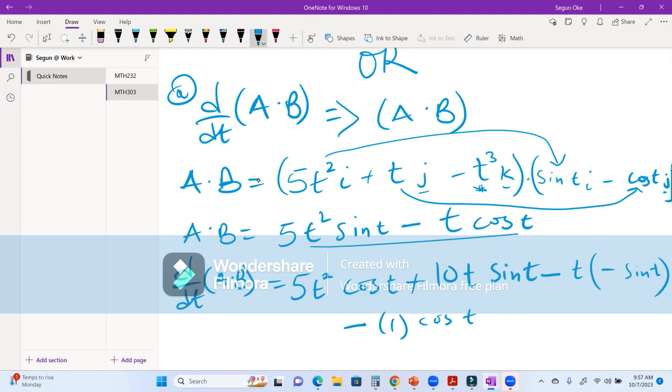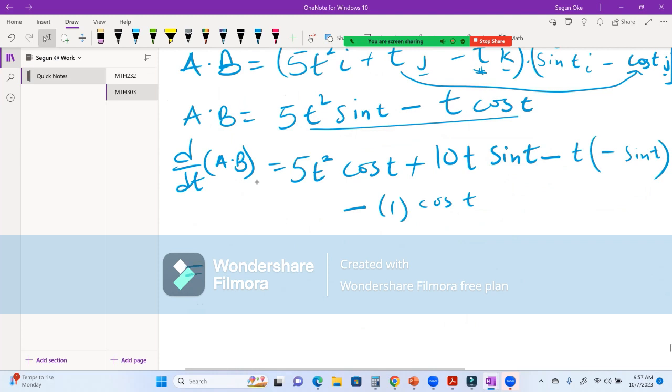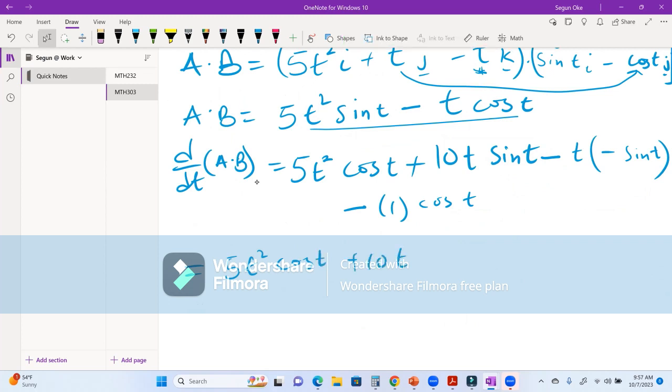Is it clear? So we can go ahead and merge everything together. I have 5t squared cos t plus 10t sine t, minus times minus plus t sine t, 1 times cos t, minus cos t.